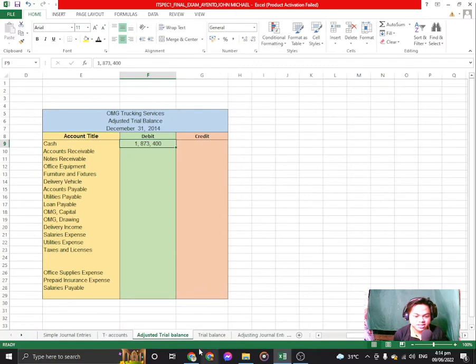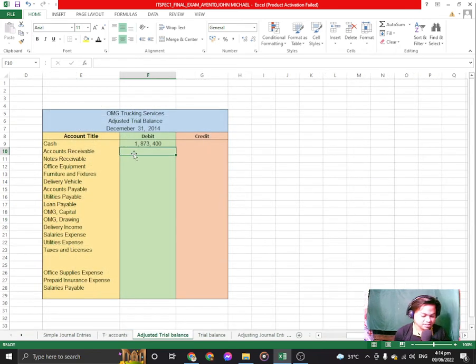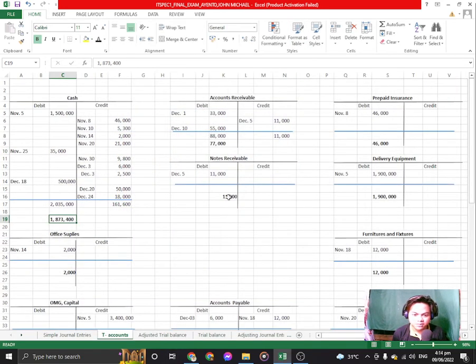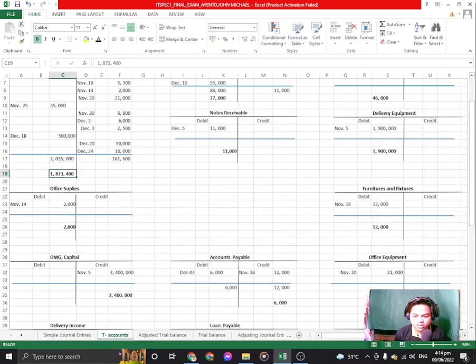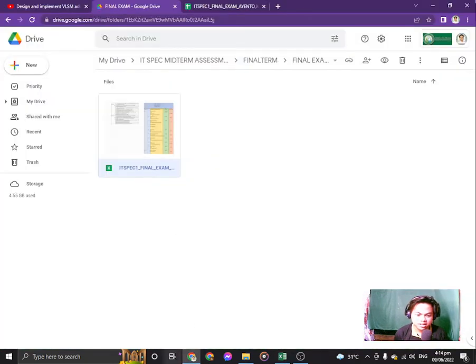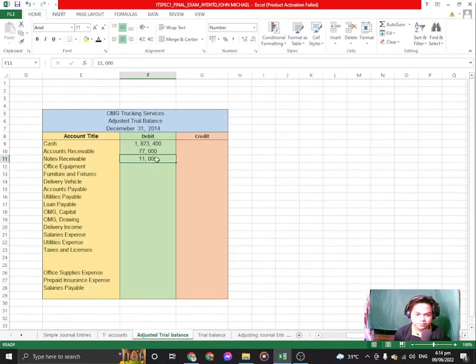For the accounts receivable, we have 77,000 for the debit. And then notes receivable, we have 11,000. And then office equipment, we have 21,000.